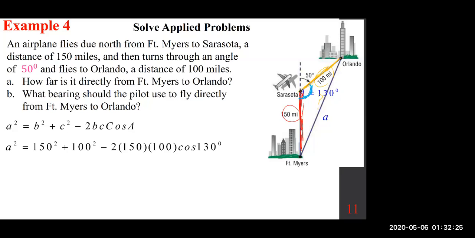You have to use a calculator. Everybody knows how to do that. And you finish the job and you find the distance to be 227.56 miles. Roughly. Sounds good? Everybody is okay with that? Yeah.